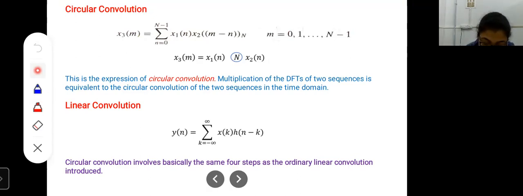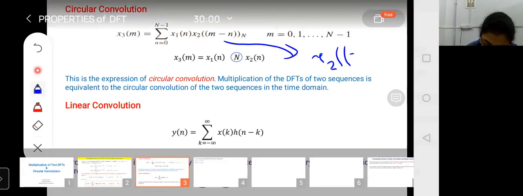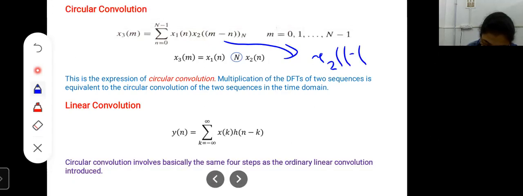To apply circular convolution, you can see how many steps there are. One step is on the right side, where n is the parameter. If I take the minus sign common, this term can be represented this way also: x2 of minus, then n minus m.